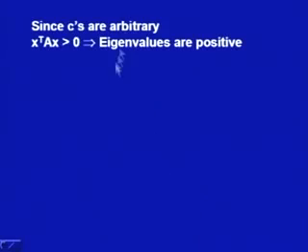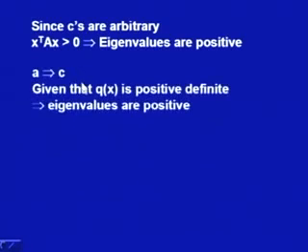Since C's are arbitrary and eigenvalues are positive, X transpose Ax is positive, and that means we have a positive definite quadratic form. So we started with positive eigenvalues, and we could prove that we have a positive definite quadratic form. So B implies C is proved.